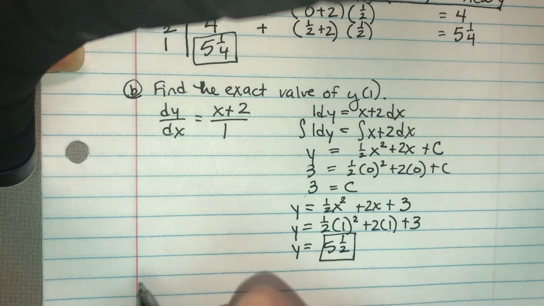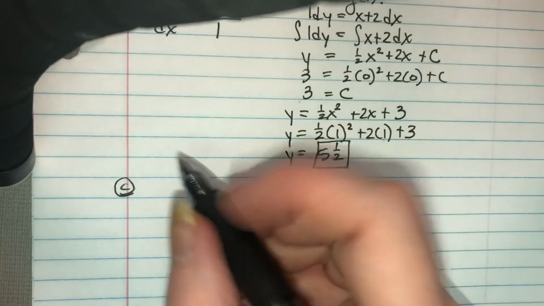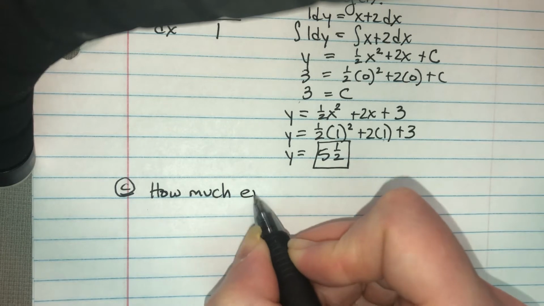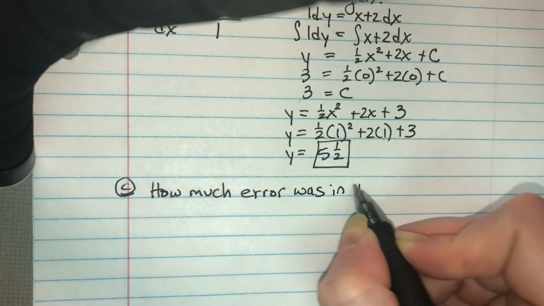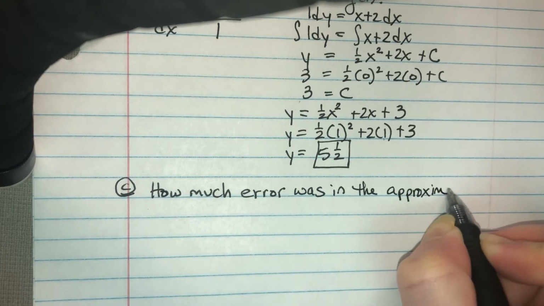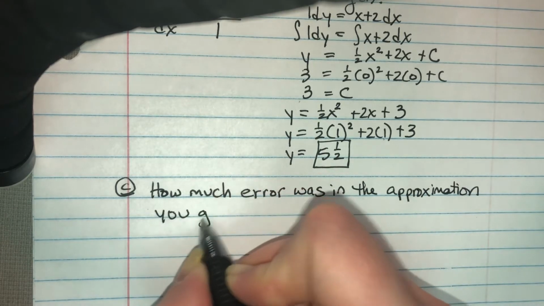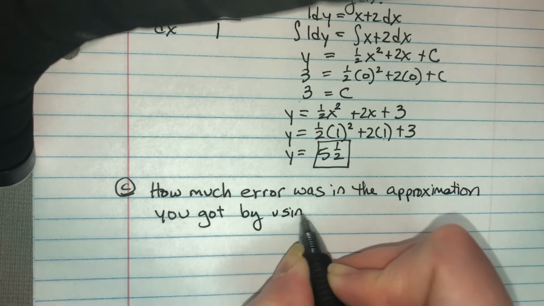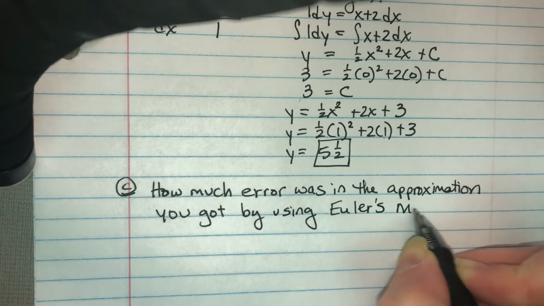Okay, so part C says, how much error was in the approximation you got by using Euler's method?